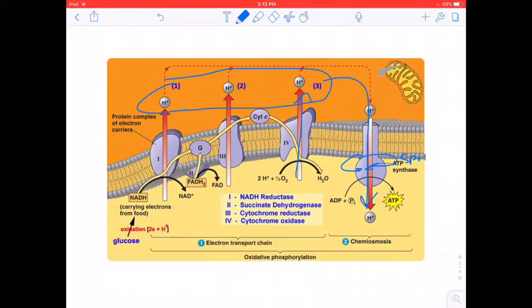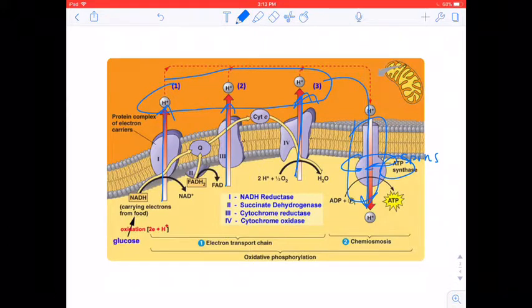So here we can see the concentration gradient, and they are pumped through the ATP synthase, which spins, and this phosphorylates ADP into ATP. The protons are only able to diffuse down the concentration gradient and into the matrix via the ATP synthase. As protons flow through the ATP synthase, they generate energy to phosphorylate ADP into ATP.